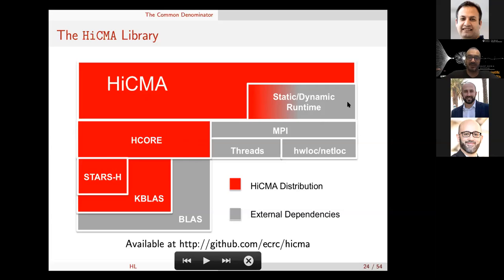One piece here that is really important for us, if you recall from my HPC recipe, is those dynamic runtime systems. So the HICMA driver, when it comes to doing Cholesky factorization, will call those runtime systems to orchestrate the various HCore routines, monitor the data dependencies, and schedule the various tasks onto underlying processing units. So that's what HICMA is all about.